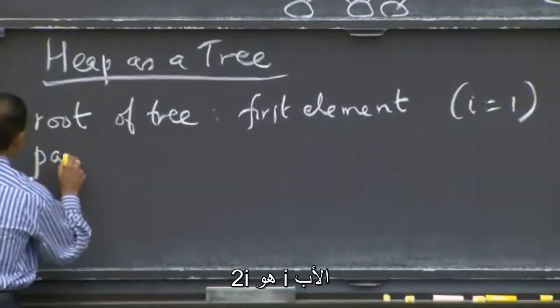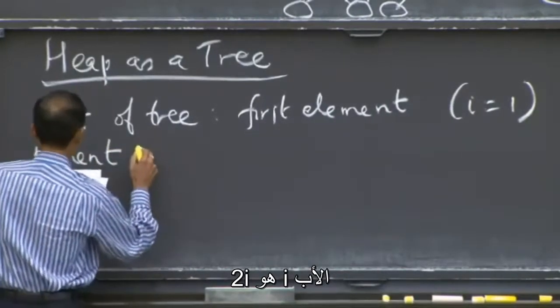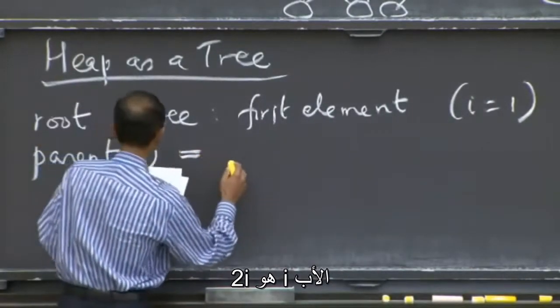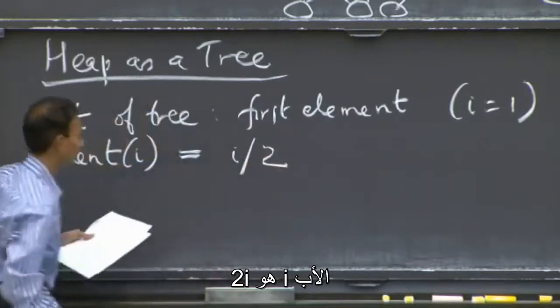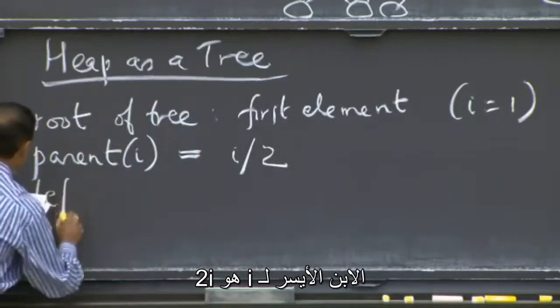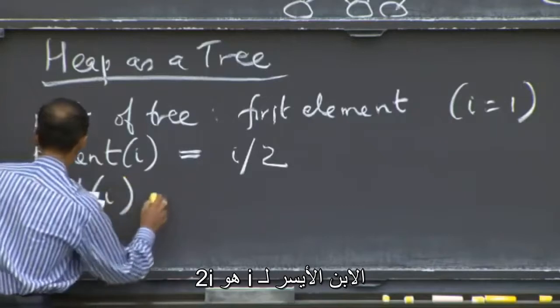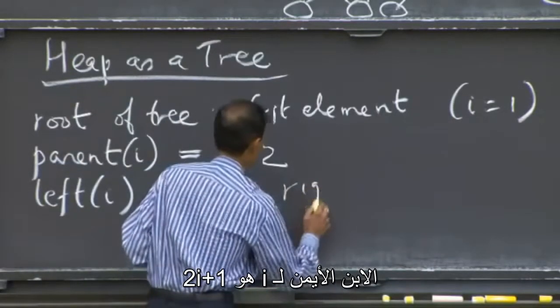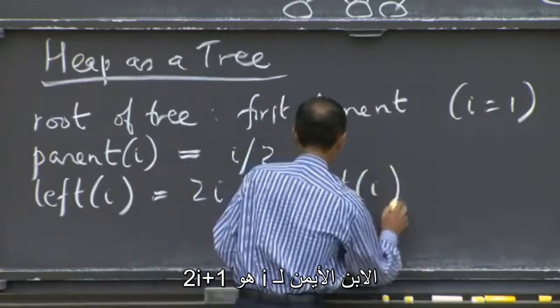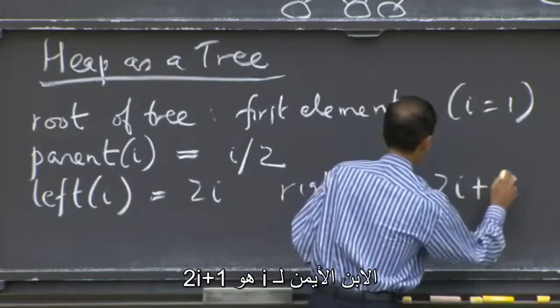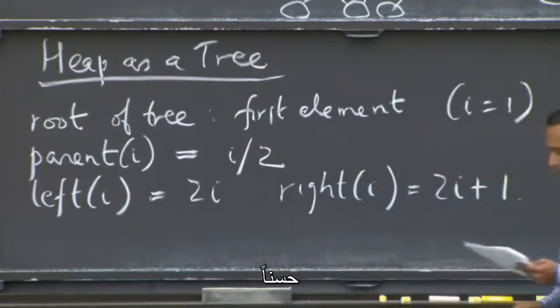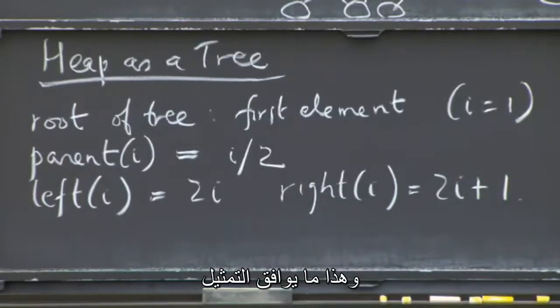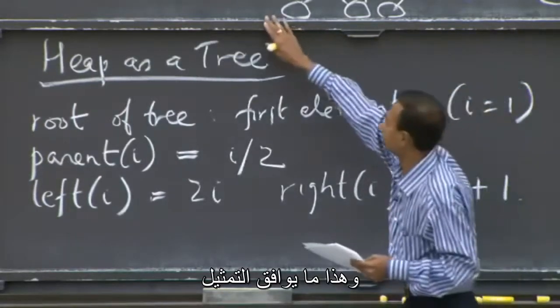The parent of i is i over 2. The left child of i is 2i, and the right child of i is 2i plus 1. All right. So that's essentially what this mapping corresponds to.